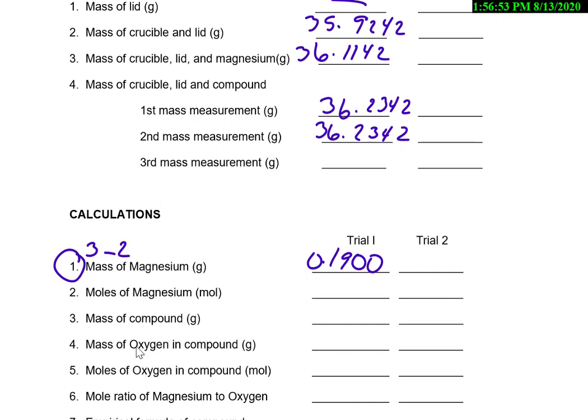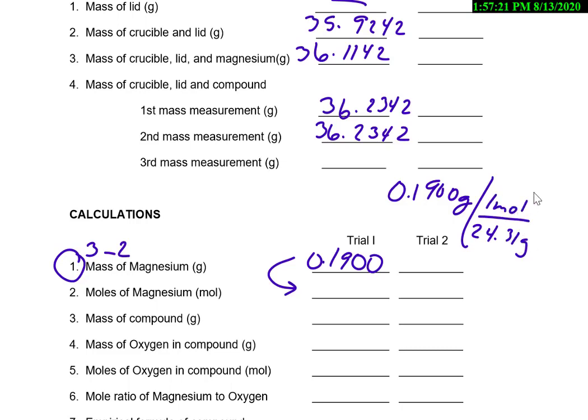So if we come down here, to get to moles of magnesium, we're going to take our grams of magnesium that we just found and go grams to moles. So we would take 0.1900 grams, and that would give us our moles of magnesium.